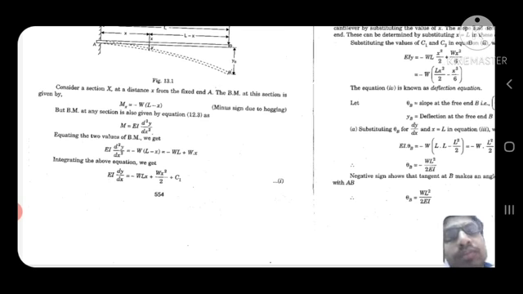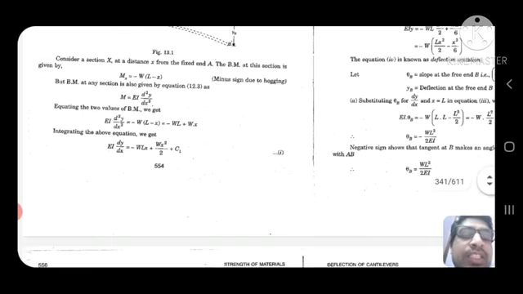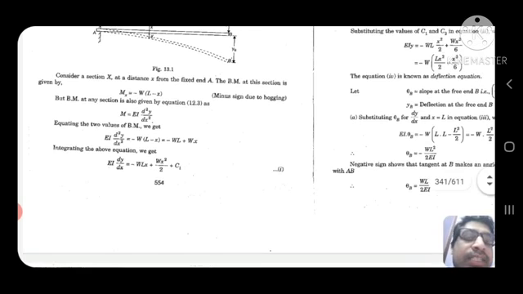Equating the two values of bending moment, we get EI d square y by dx square equal to minus W into (L minus X), that is minus WL plus WX. Integrating the above equation, EI dy by dx equal to minus WLX plus WX square by 2 plus C1.